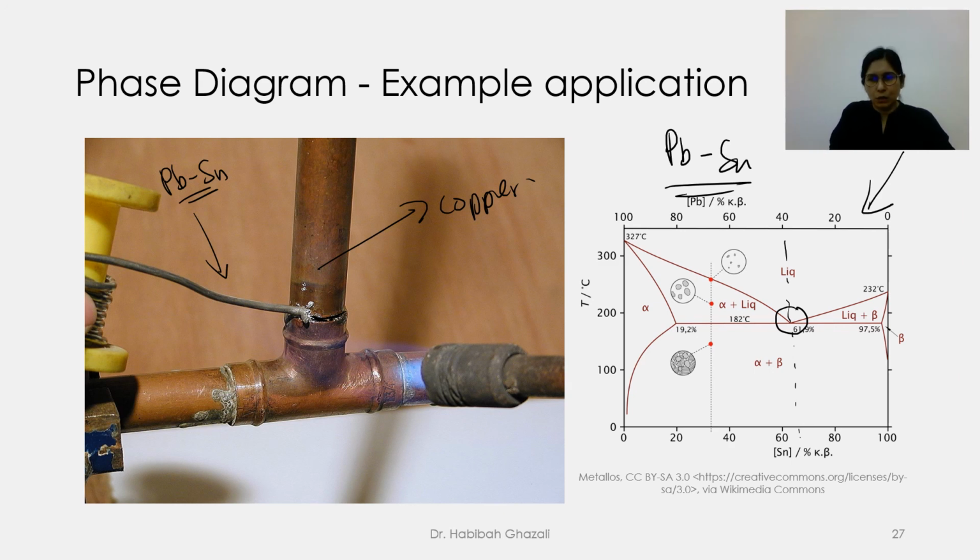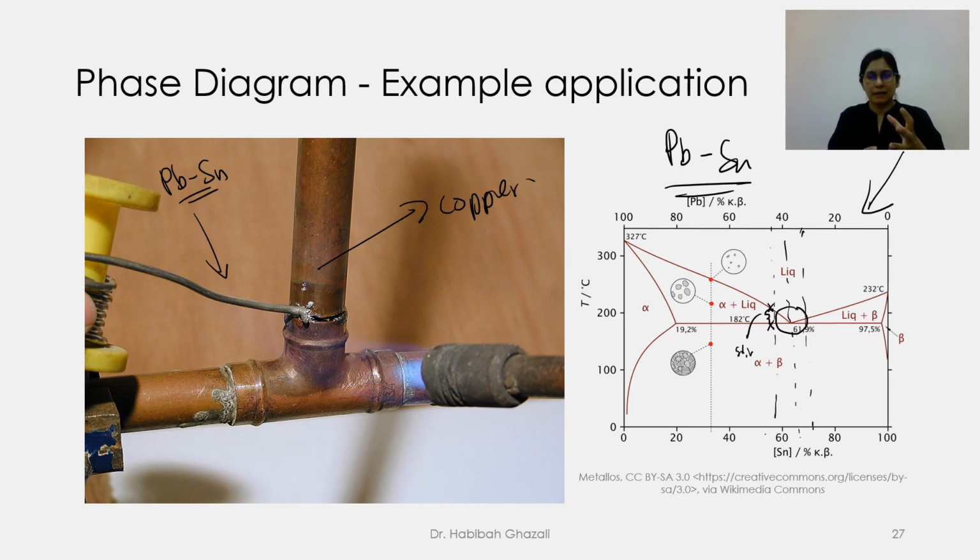However, if they choose a composition slightly off eutectic, which is around that point there, what they can observe is they will have this slimy region here. So solidification will begin at one point and end at another. The metal won't harden all at the same time.